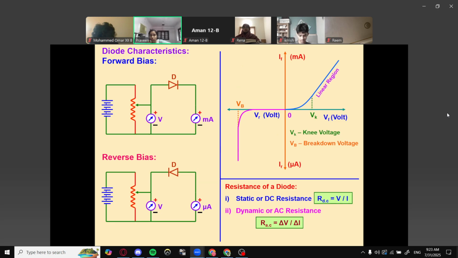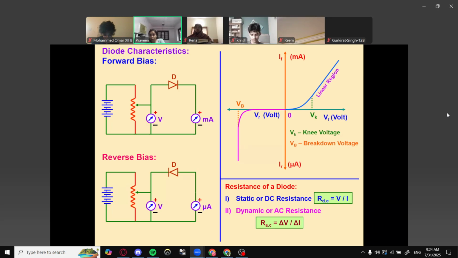Now this PN junction diode has unidirectional current characteristics. What do we mean by unidirectional current characteristics? When the diode is forward biased, it has a very low or very small resistance, and current flows through it.